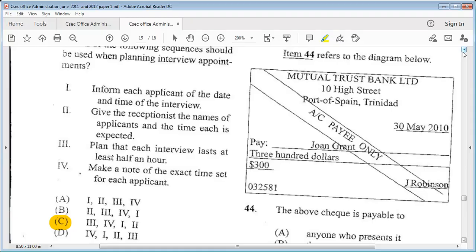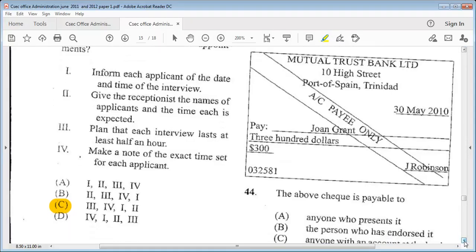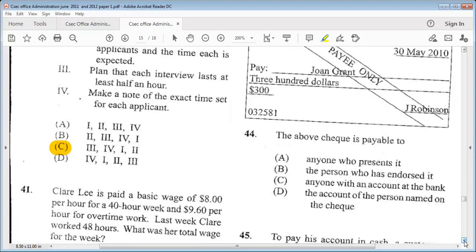And we see it is being crossed. It says account payee only. Okay, all right. So here it says the above check is payable to A, anyone who presents it, B, the person who has endorsed it, C, anyone with an account at the bank, or D, the account of the person named on the check.